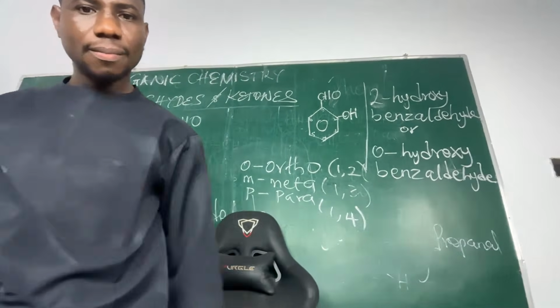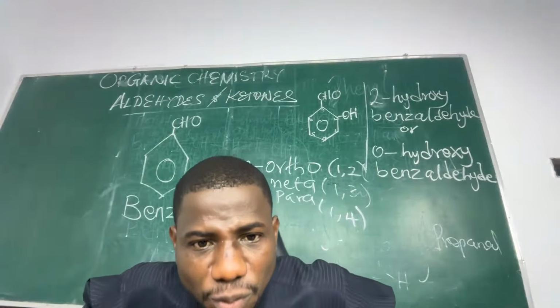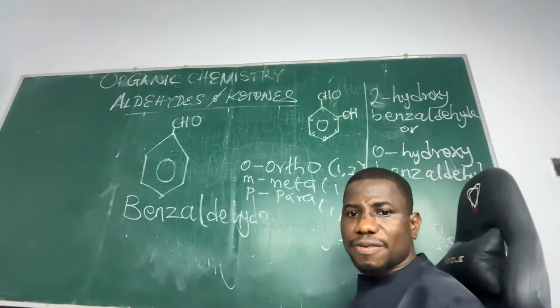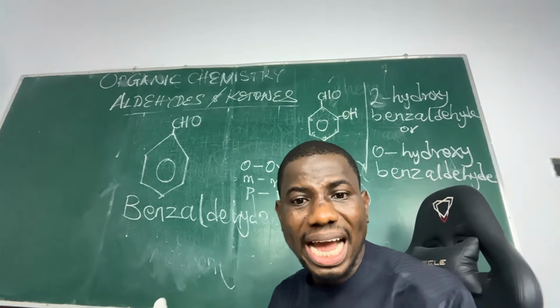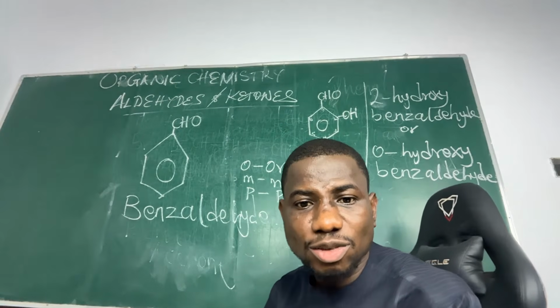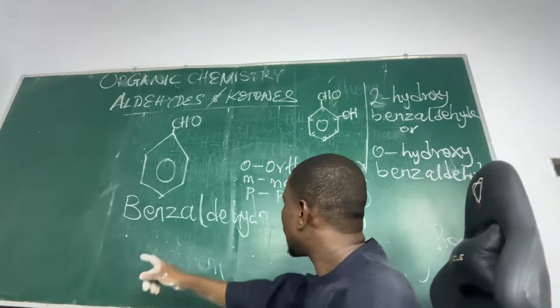Okay, please put that point down. The first point says that when an aldehyde group is bonded directly to a benzene ring, we call it benzaldehyde.